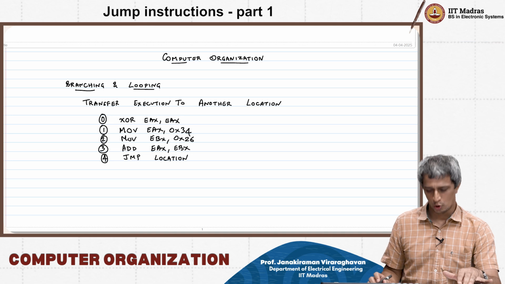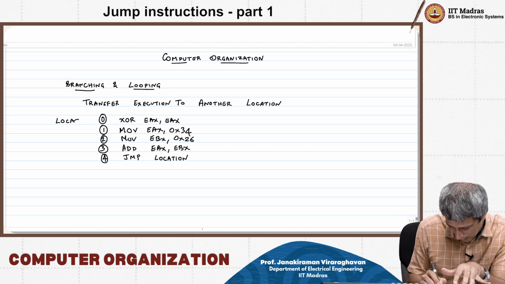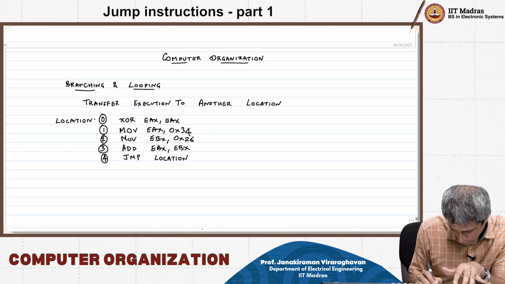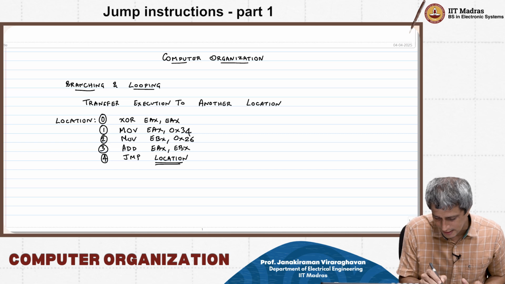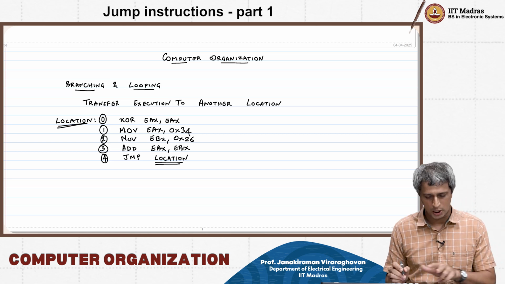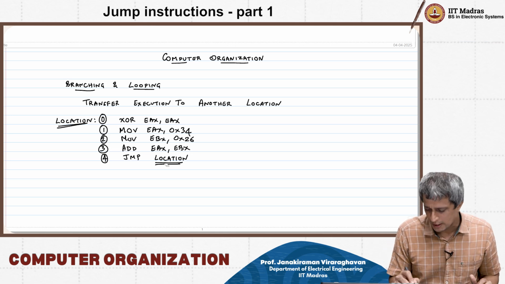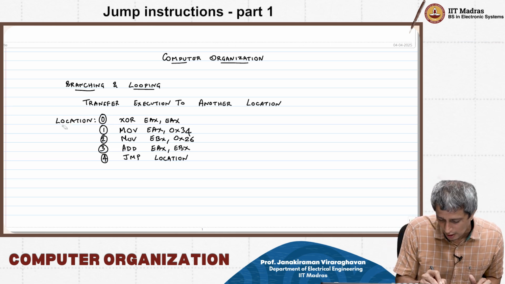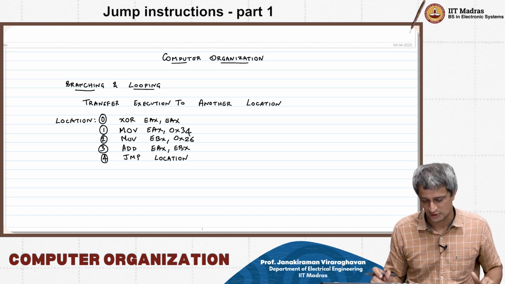So what is this going to do? And I am going to say this is what I call location. So this word location is actually a label that corresponds to some point that we have written in the code, but when this translates to a real program, it will get translated to an address.